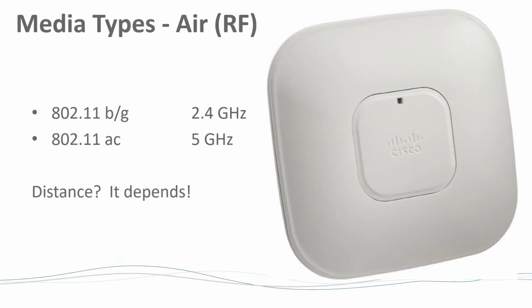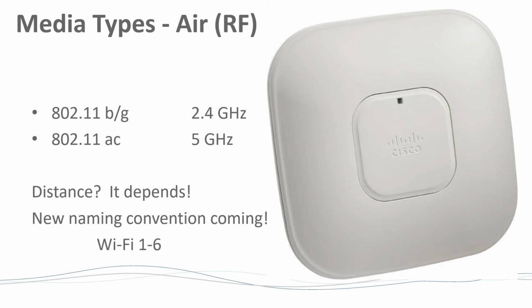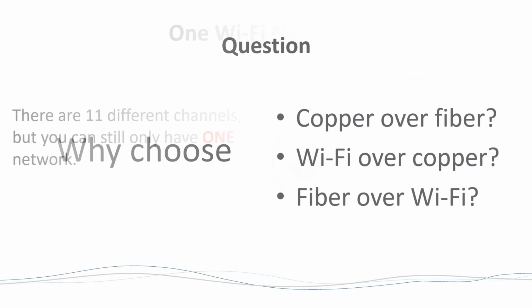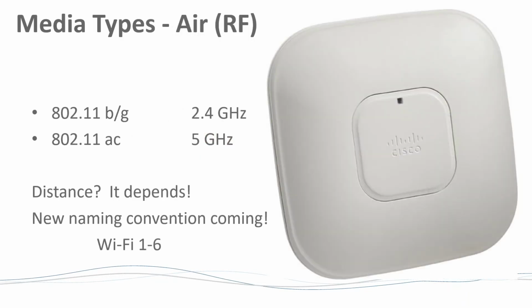The third type of media that we talk about is radio frequency, Wi-Fi, that probably lots of us are using now, or cellular. People are getting network over cellular. The distance depends. There's several different types: B, G, A, C. You may have heard of N, and those are the versions that have come along as things have progressed.